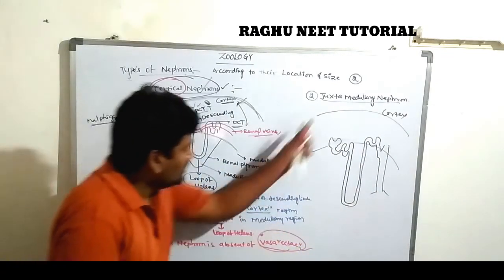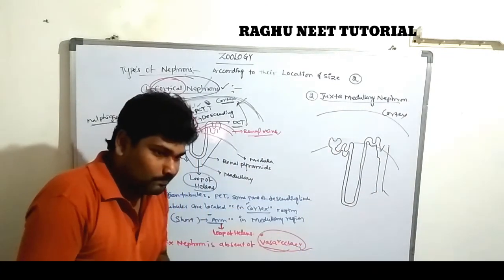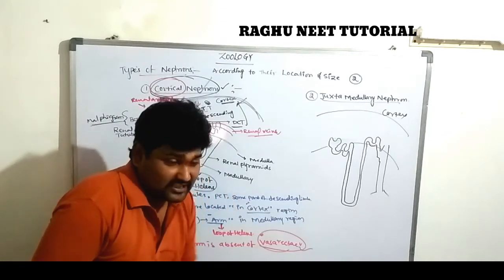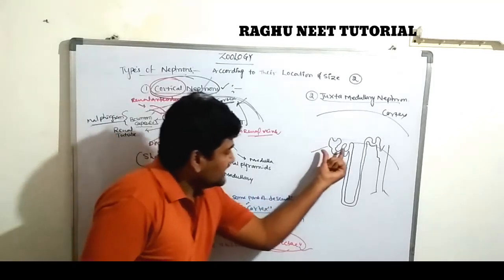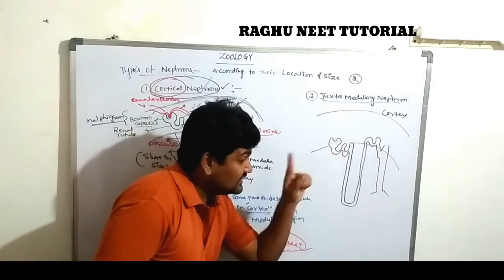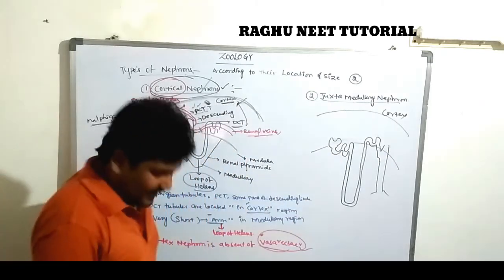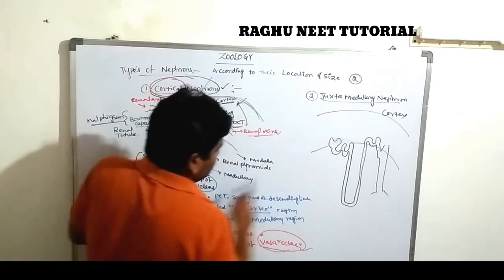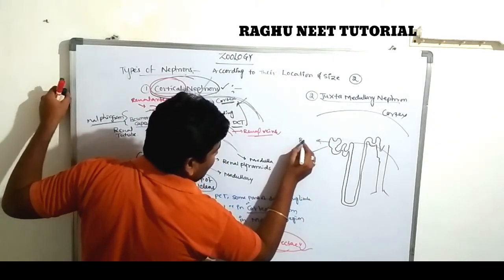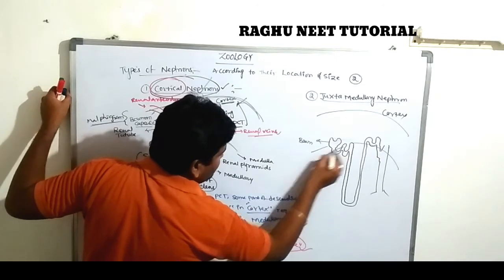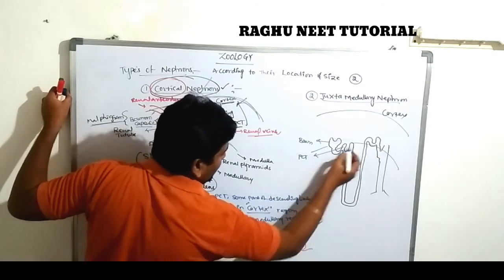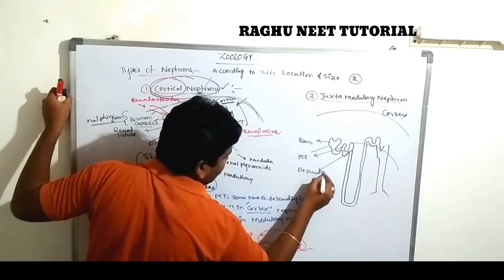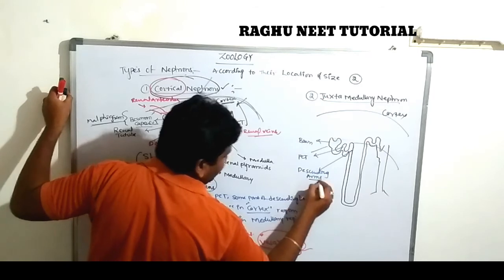So the juxtamedullary nephron is nothing but the nephron, which has a cup-like capsule structure. The first coiled region after the Bowman's capsule is the proximal convoluted tubule, and then the descending arm of the nephron.